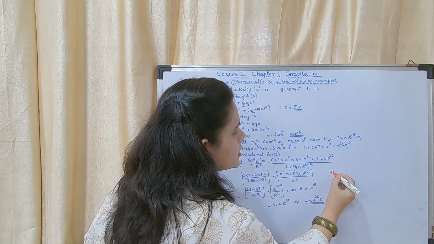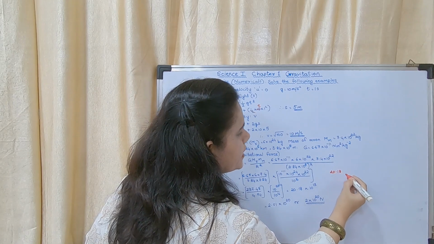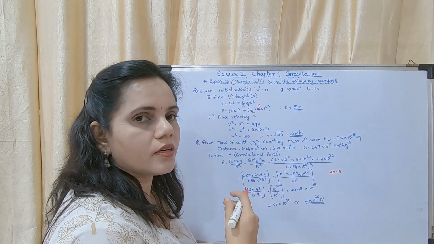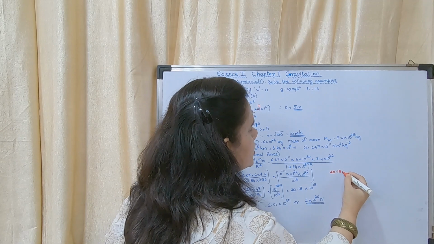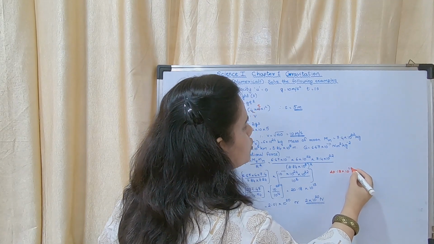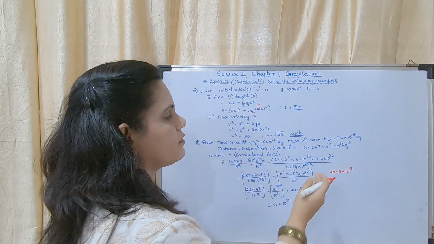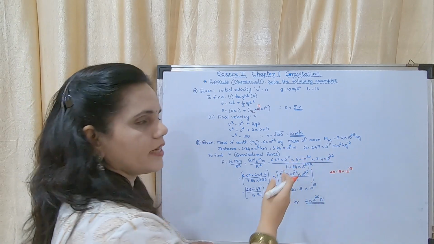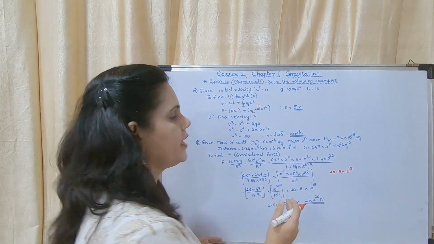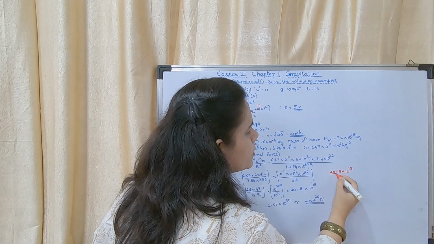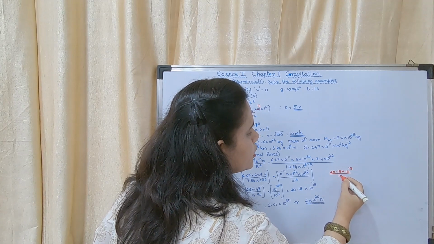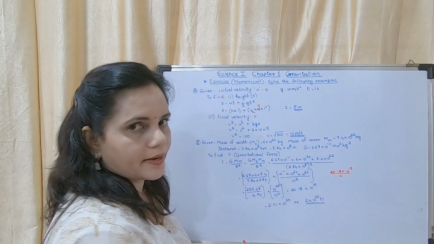The calculation is actually 20.18 into 10 raised to 19. You have to move the point towards the left. Okay, if you have to move the point towards the left, you have to divide it by 10.